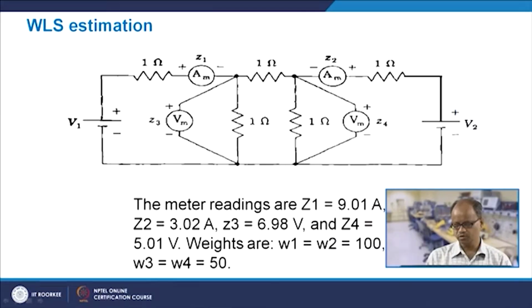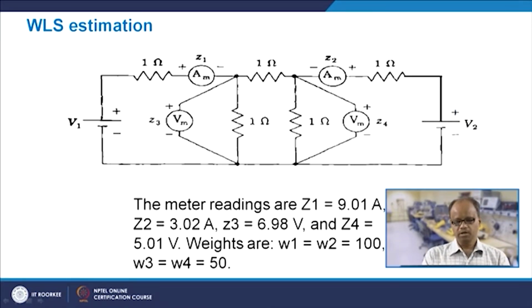5.01 volt. Now, you see that all these values are not exactly integer values. As an example here, probably the actual value is 9 ampere, but because of meter errors this value is read as 9.01 ampere. Similarly, probably the true value of this current is 3 ampere, but because of meter error it is registered as 3.02 ampere.